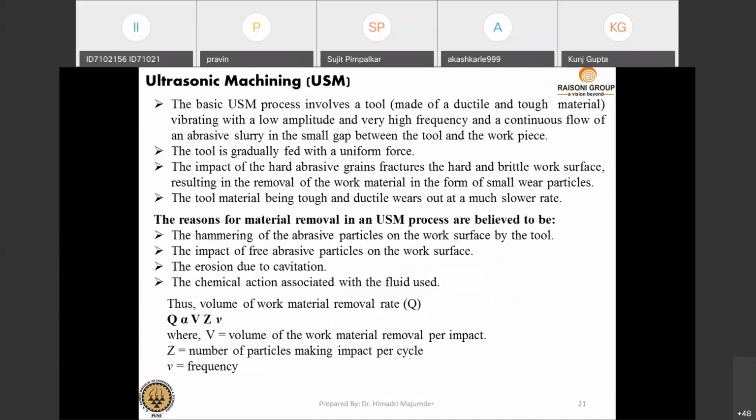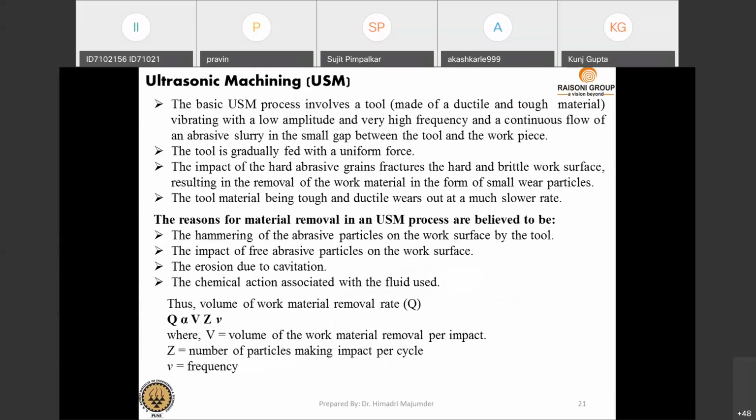So, the basic ultrasonic machining process involves a tool made of ductile or tough material vibrating with a low amplitude and very high frequency, and a continuous flow of an abrasive slurry in the small gap between the tool and the workpiece.